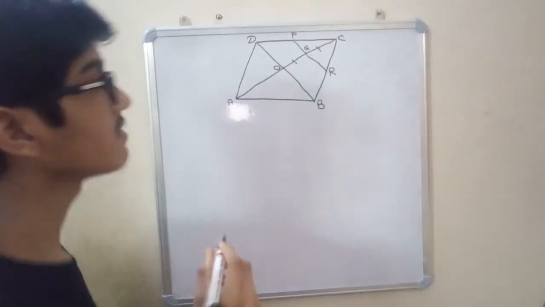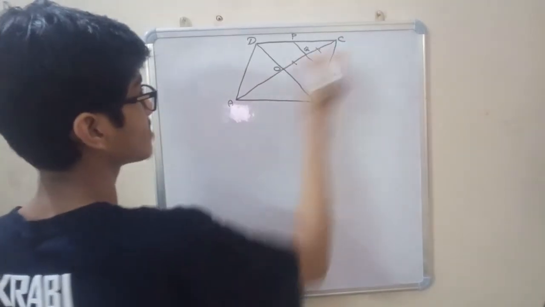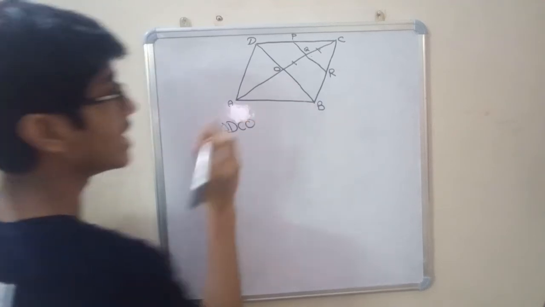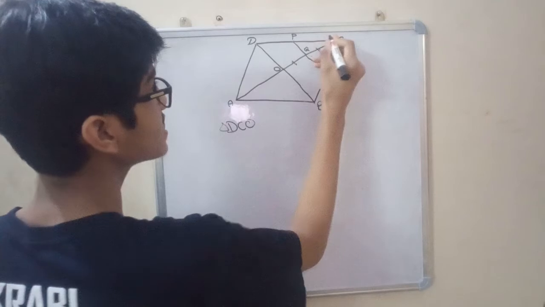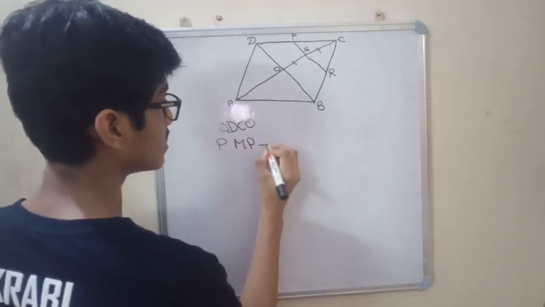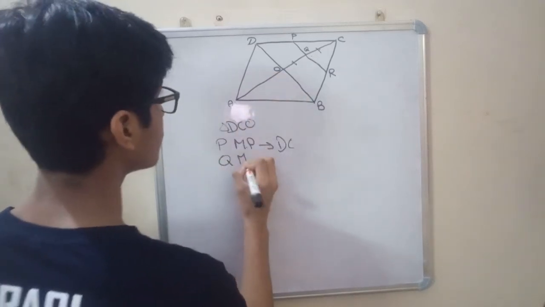So now, after having proved Q being the midpoint of OC, let us consider the triangle DCO. In this triangle, first thing, P is the midpoint of DC. Second thing, Q is the midpoint of OC.